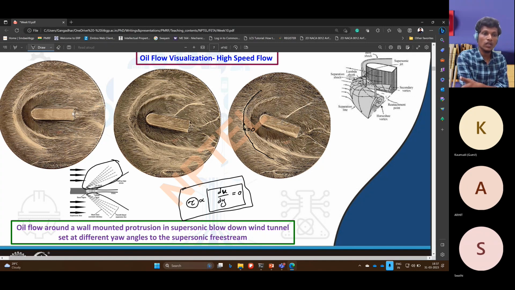Even though velocity gradient is varying, you don't have any zero gradient or any strong gradients present at that particular point. The gradients vary very smoothly along these expansion waves. Those are not discontinuous ones. So it is not very clear to visualize expansion waves in oil flow visualization.